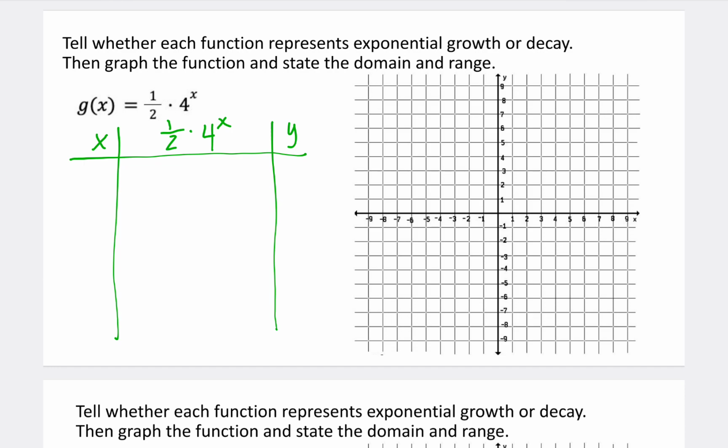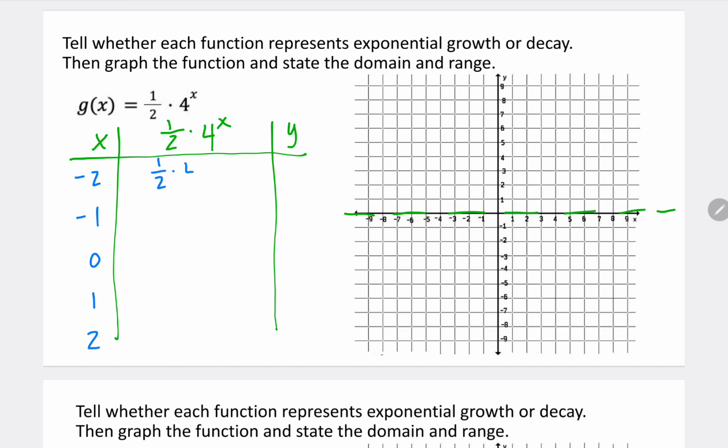What's being raised to the x exponent is 4, and that's bigger than 1. So this is going to be a growth function. We are not moving the graph up or down, which means my asymptote is going to remain here at the x-axis. And again, I like to just plug in some basic negative and positive numbers into my XY chart.